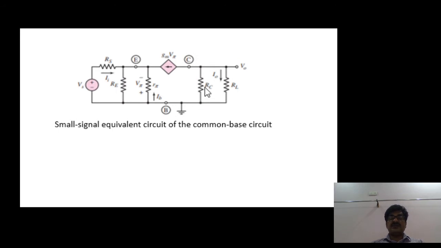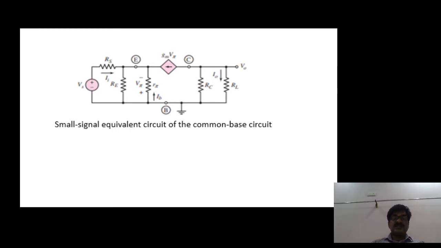In addition to this, at the input there is a VS source with the internal resistance RS and a load resistor is connected at output terminals between collector and ground. Okay, is it clear? This is the small signal equivalent circuit of common base amplifier.